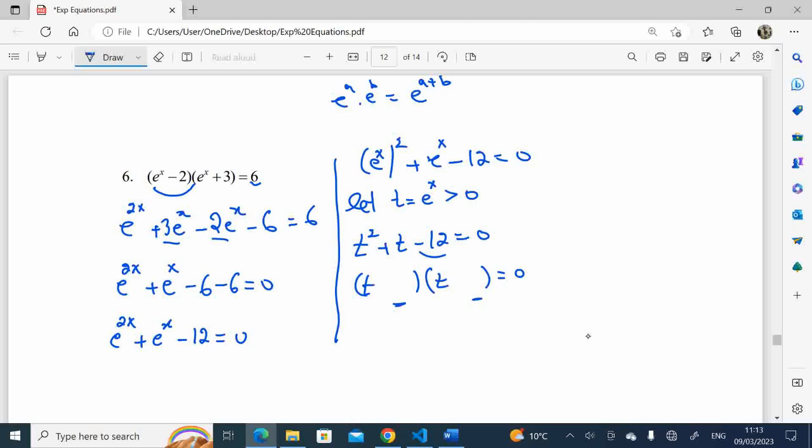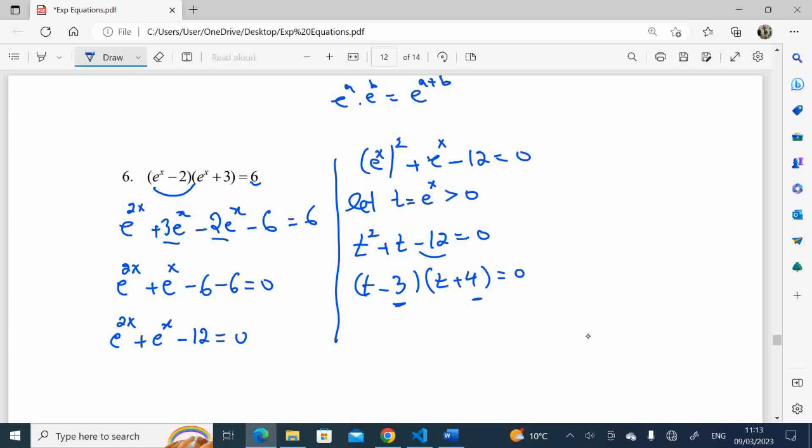Now the product of the two numbers here should be minus 12, right? So it could be minus 3 plus 4. Let us try minus 3 and plus 4. If I expand this, we get t squared plus 4t minus 3t minus 12.